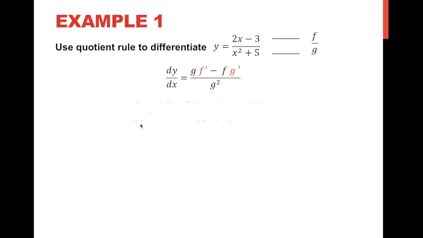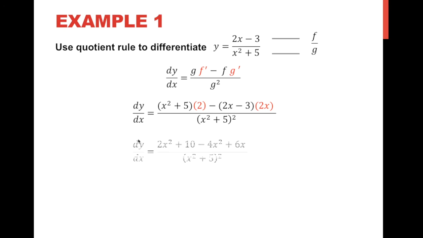So the derivative of y with respect to x will be equal to low d high, meaning copy first the denominator x squared plus 5 times the derivative of f, which is the derivative of 2x minus 3, which is 2, minus, this time we copy the numerator 2x minus 3 and then differentiate x squared plus 5, which is 2x, all over the square of the denominator.